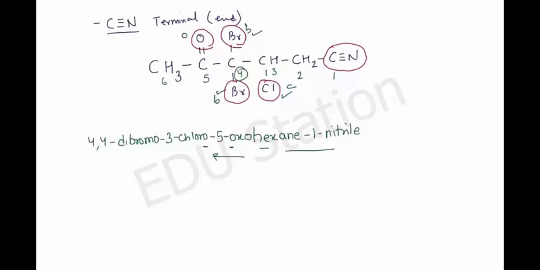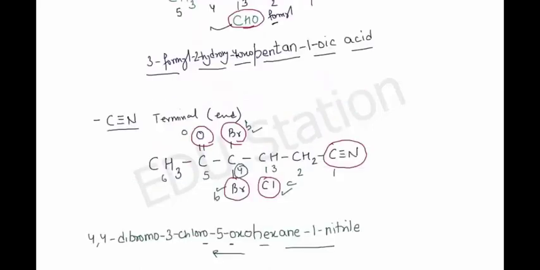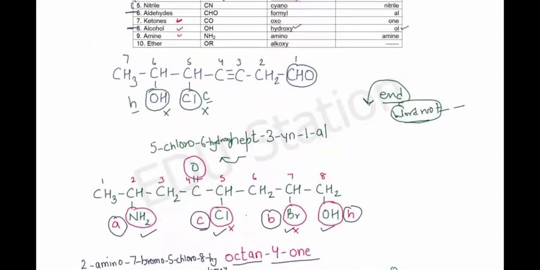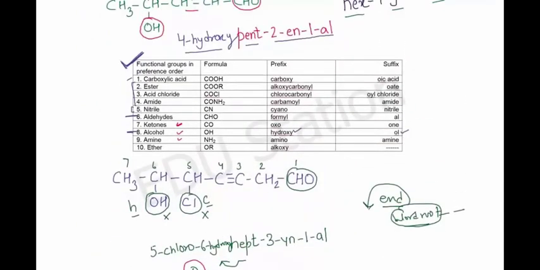So we have also studied nitrile. One other important rule, if you look at the top, these are carbon containing functional groups. Aldehyde upwards, all of them are supposed to be terminal, they will be at the end.